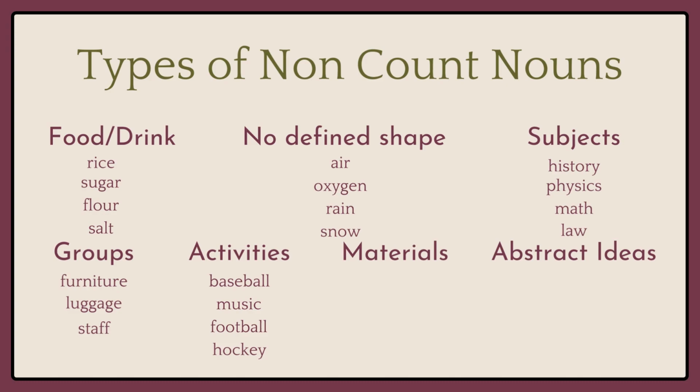When we use materials, they are typically non-count nouns, such as wood, glass, plastic, gold. When we're talking about abstract ideas: happiness, joy, luck, justice, love, freedom, truth, sadness, health.